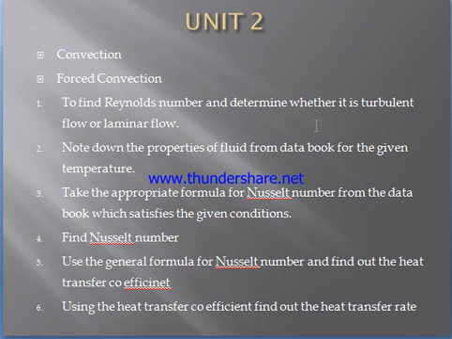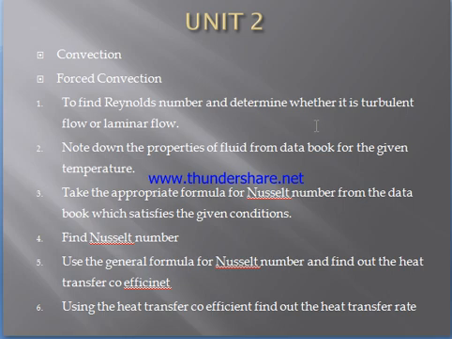So once the Nusselt number is found out, we have to solve for the h value. That is, Nu = Nusselt number = hL by k. We have to find out the h value.